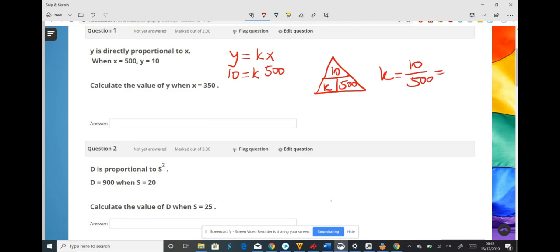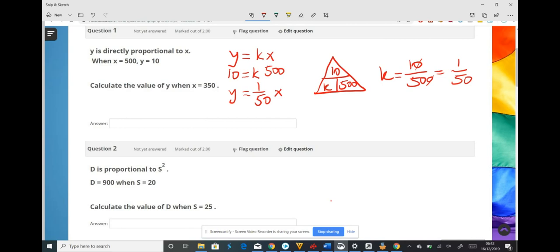So simplify this further, we get 1 over 50. So k is 1 over 50. So we can rewrite the formula as y is equal to 1 over 50 times x.